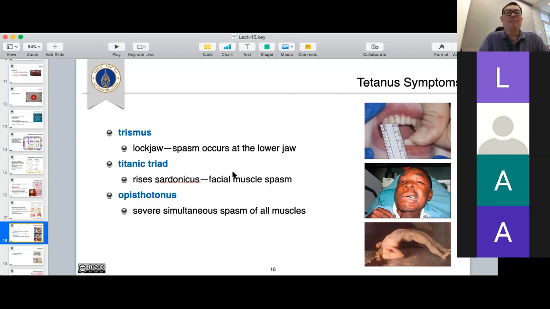Okay, face muscles spasm, so your face shape is changed. Some muscles can contract a lot.